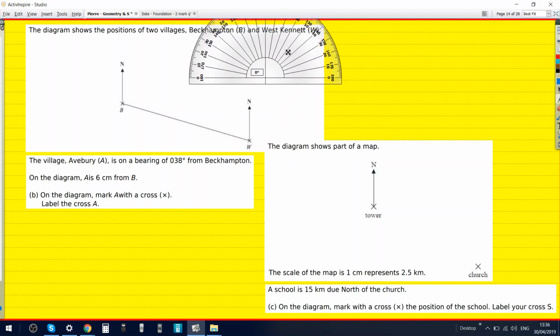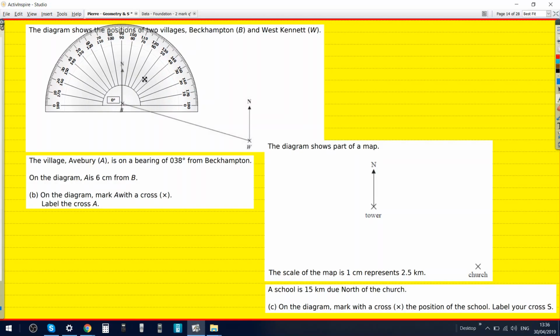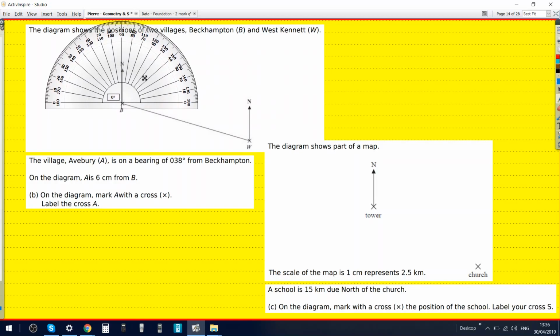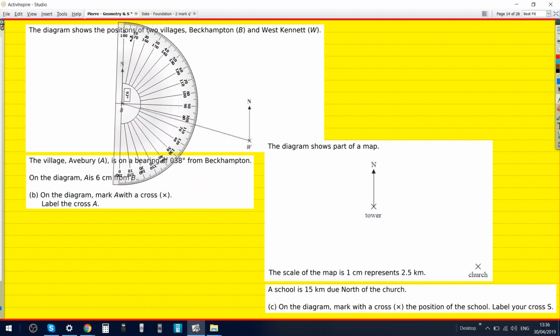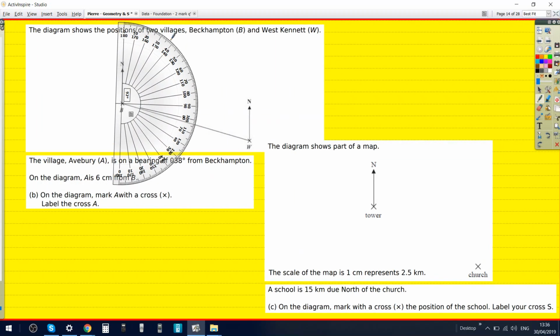So Beckhampton, we put our cross on their X. Point 0 to north. And we find 38 degrees. So 38 degrees, there's 40.